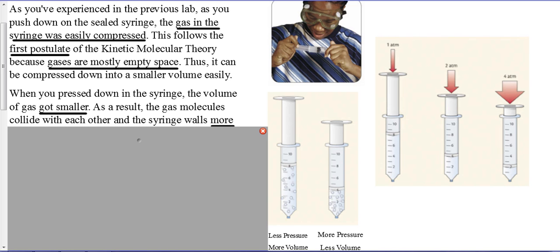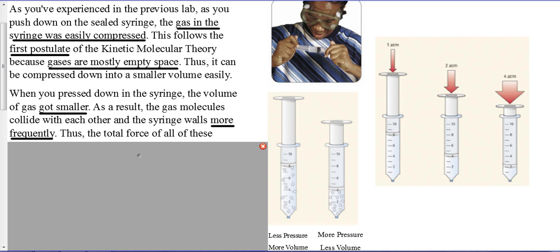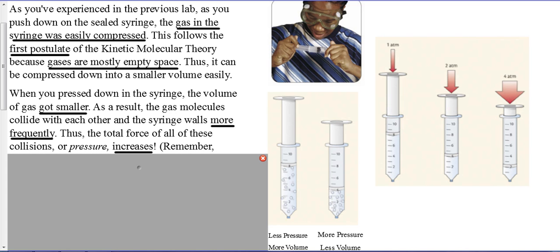And as a result of the area that the gas is in getting smaller, those gas particles are going to collide with each other and with the walls of the syringe much more often, more frequently. And as a result of the fact that there are more collisions, there's going to be a greater total force against the sides of the syringe and against each other. And so that would increase the pressure.